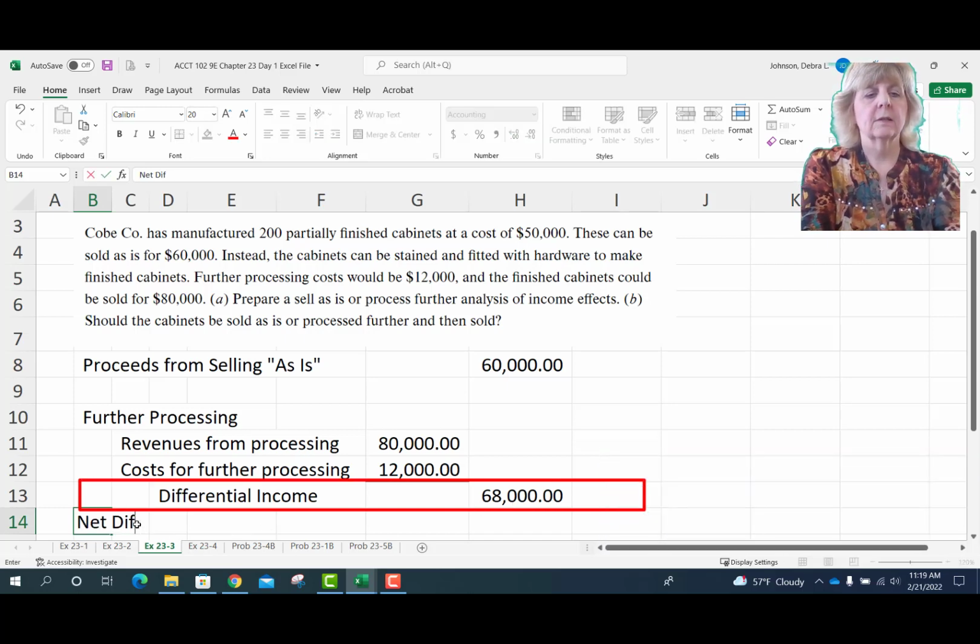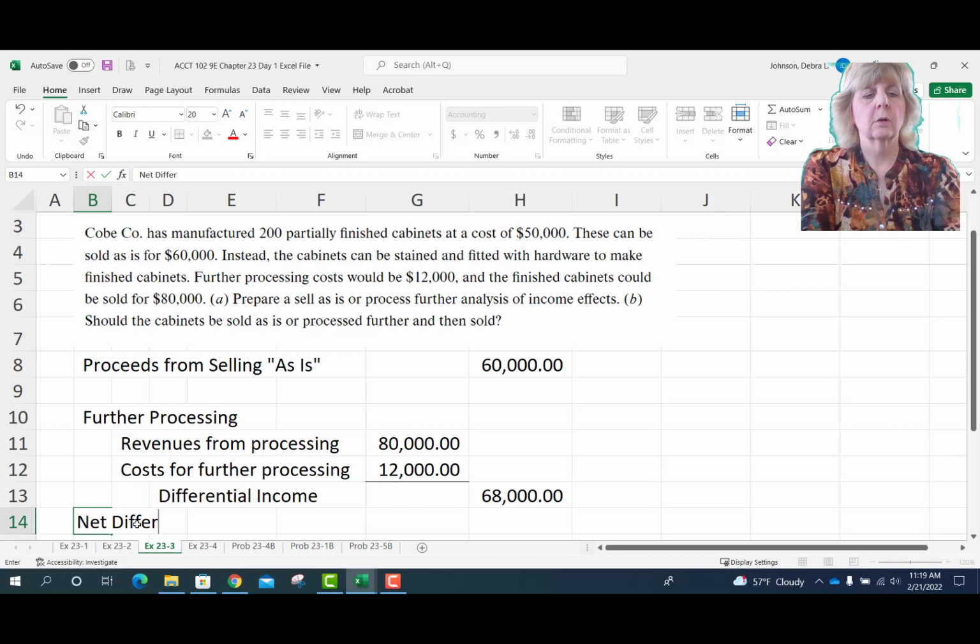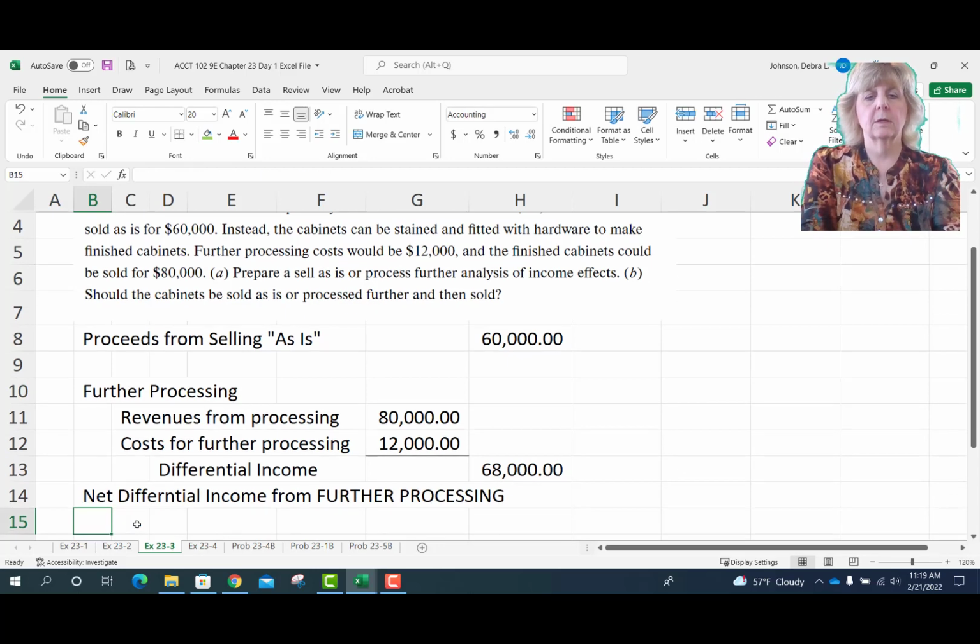And so I'm going to call this net differential income. This is where you need to identify the decision, the correct decision, from, and I'm going to put it in caps, further processing. Having an issue typing today, actually many days.